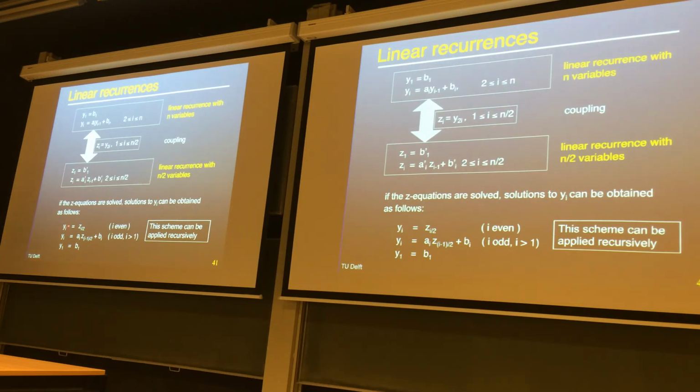Because you know that if i is even, then yi equals z of i divided by 2. If i is odd, then it requires a simple expanding of your linear recurrence to come up with the value of the next term. And you know that z of (i minus 1) divided by 2 gives you the value of yi minus 1.